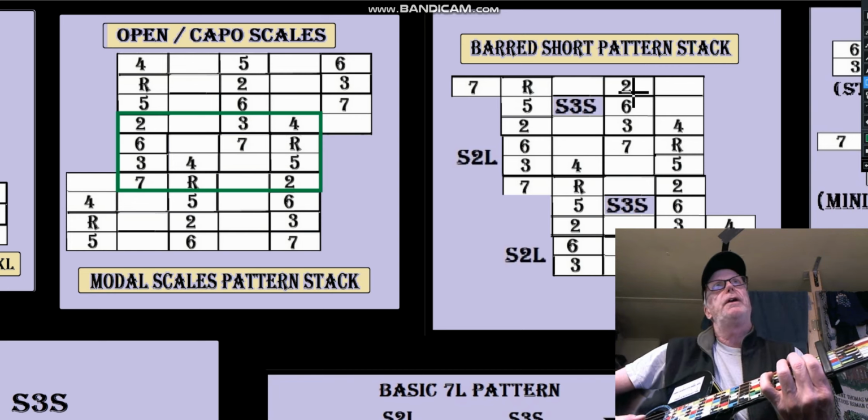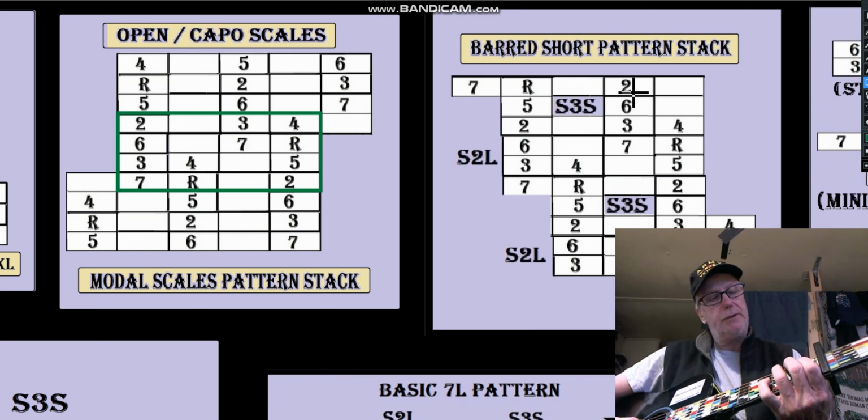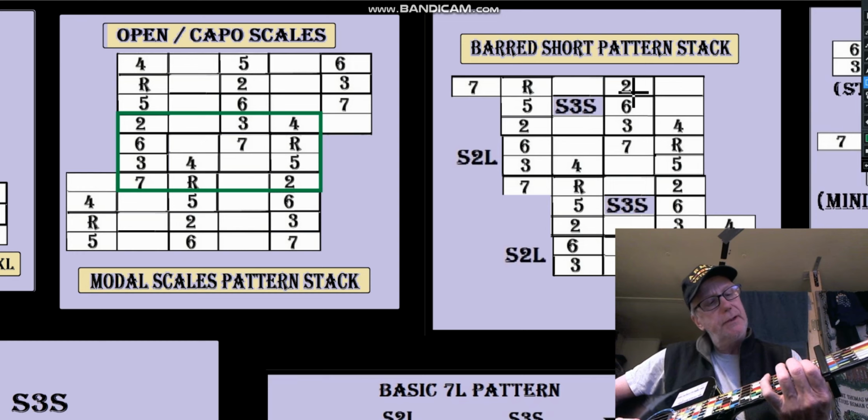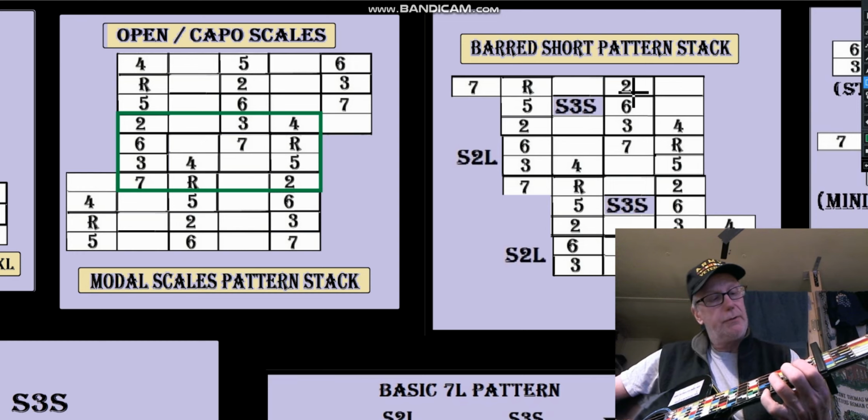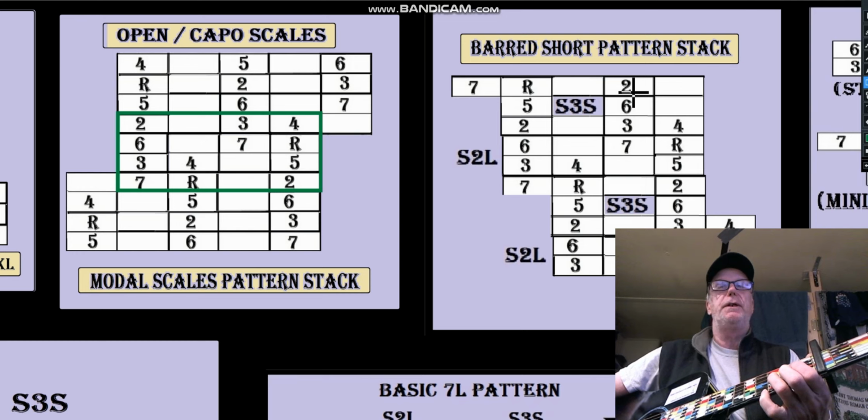So you have 7 root 2. Okay, so we're going to start another S2L there. It would be 3, 4, 5, 6, 7 root. Okay, you can do it in F. You can't do that in the open E form.